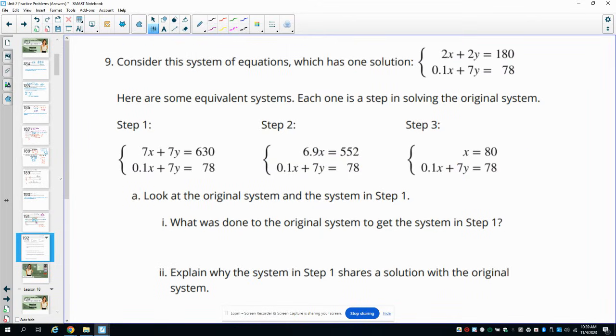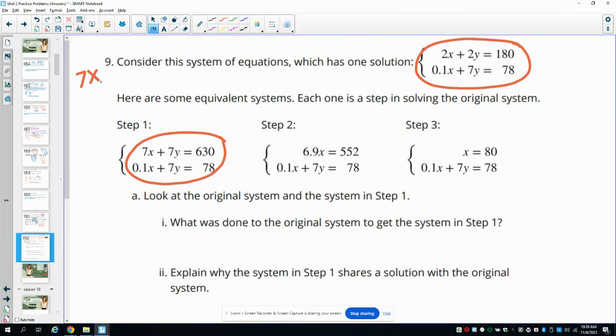Number 9 asks us to consider the system of equations, and then it gives us some different steps here. So it says in part 1, what was done to the original system? So to go from here to here. And so we see that the second equation is the same, but the first one is different. Okay, so they went from 2x to 7x, 2y to 7y, and then 180 to 630.